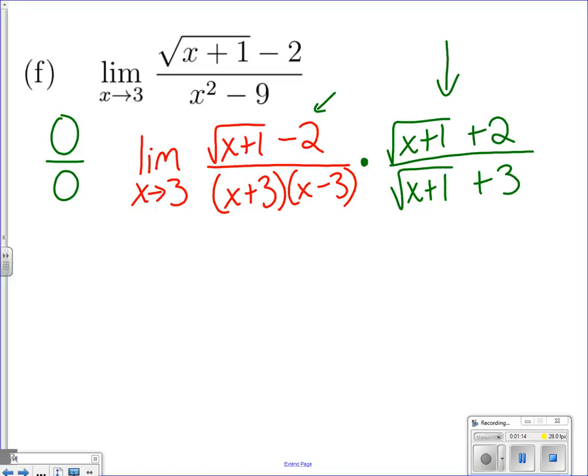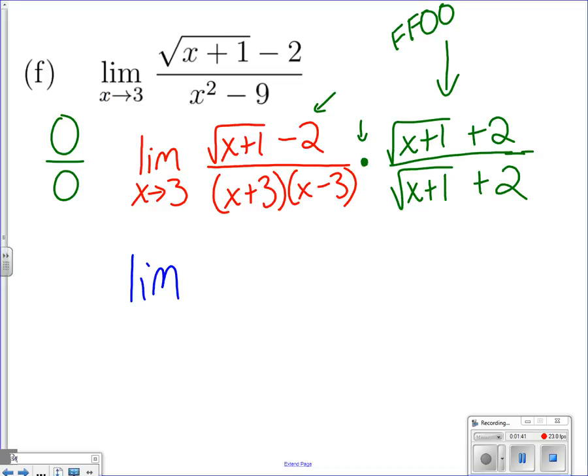Oops, this should be a plus 2. You are literally taking something and dividing it by itself. In other words, you are multiplying it by a fancy form of 1, foo. And as a result, this will allow us to simplify this radical. It's a nice way to get around that radical.